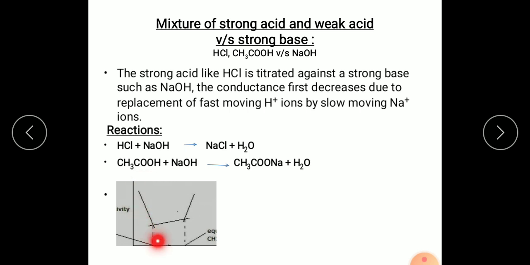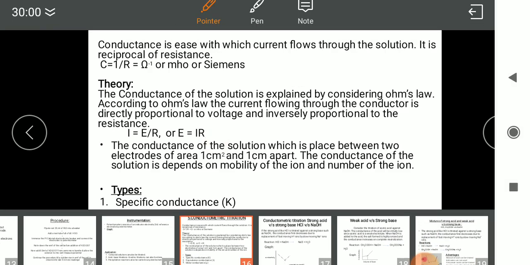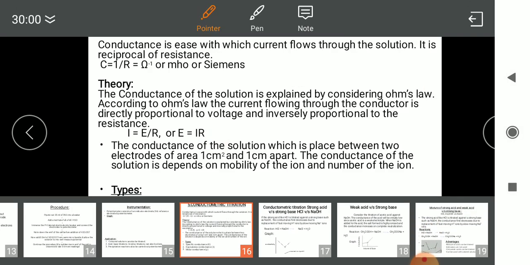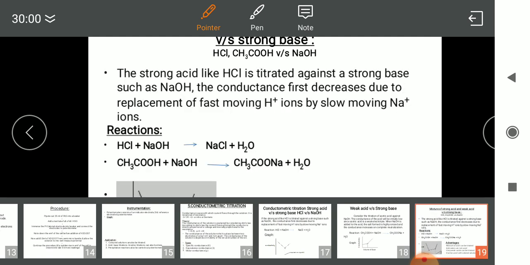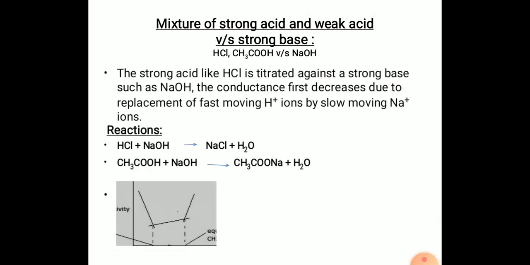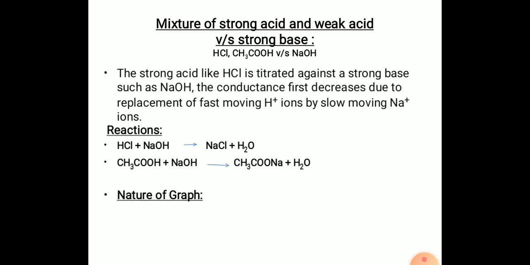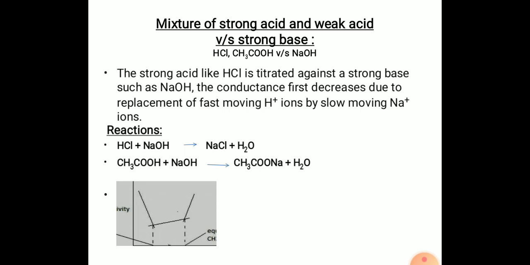This is very important, and the intersection of two curves gives the neutralization point of both the acids, that is, the amount of NaOH required to neutralize both the acids. It may be strong or weak.